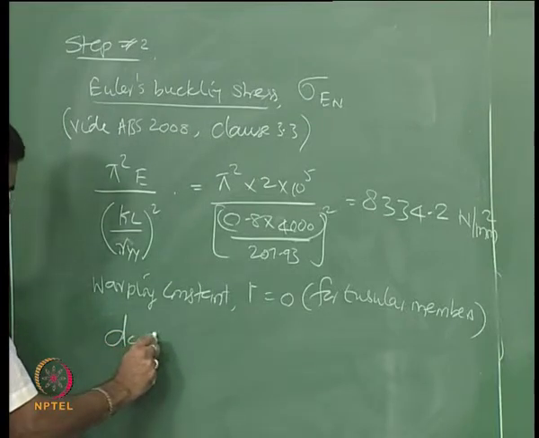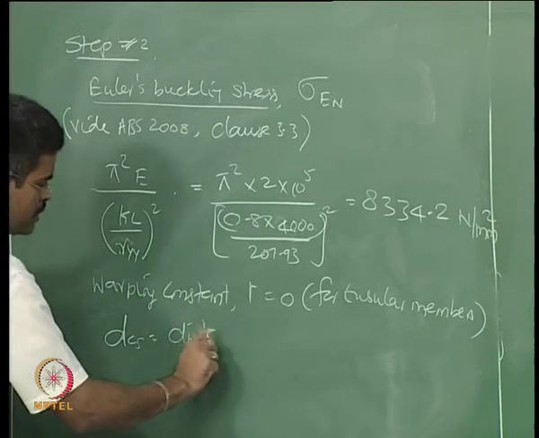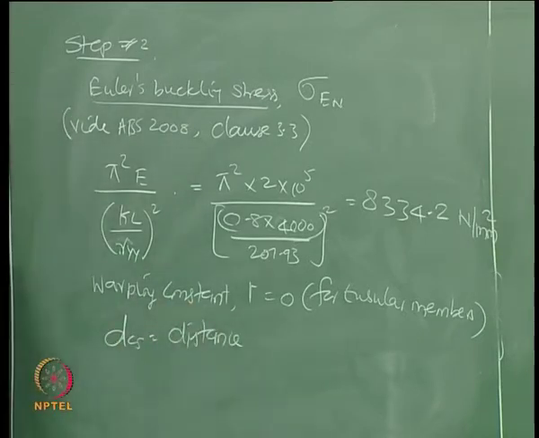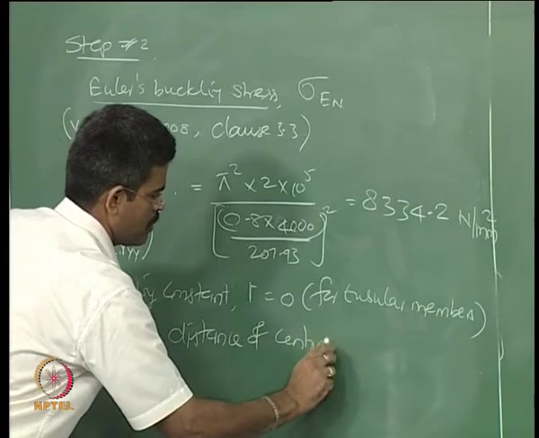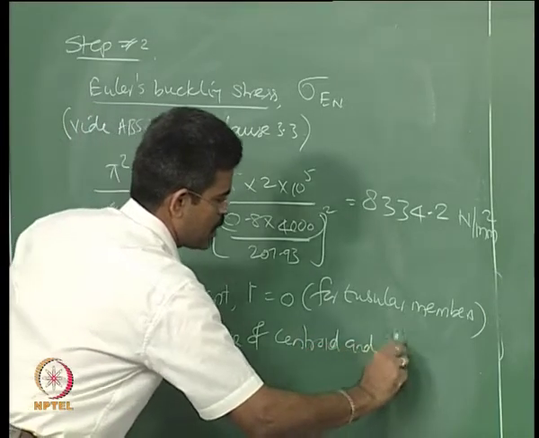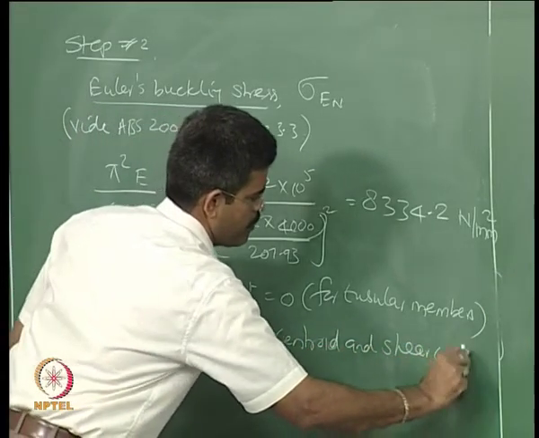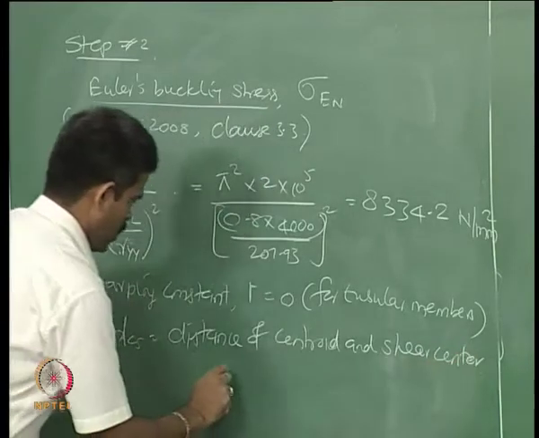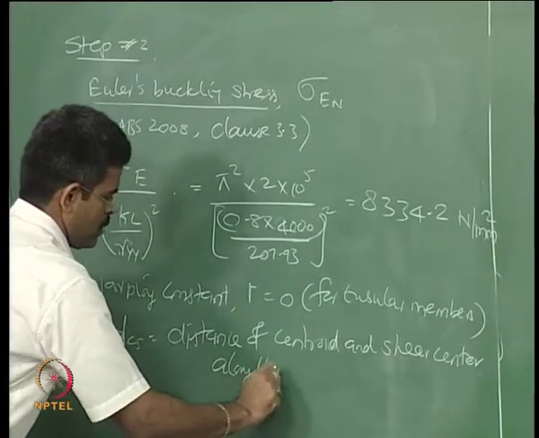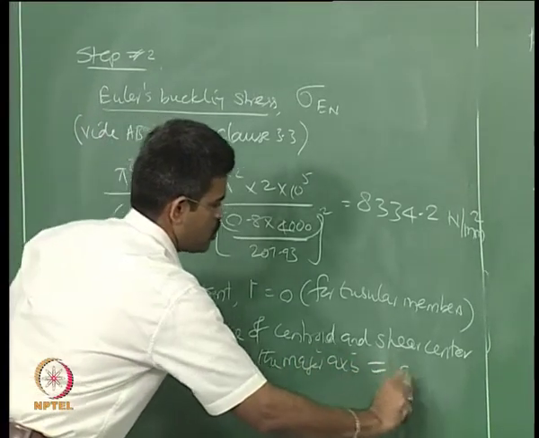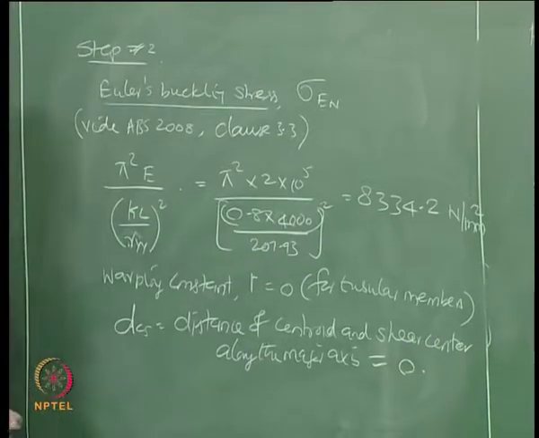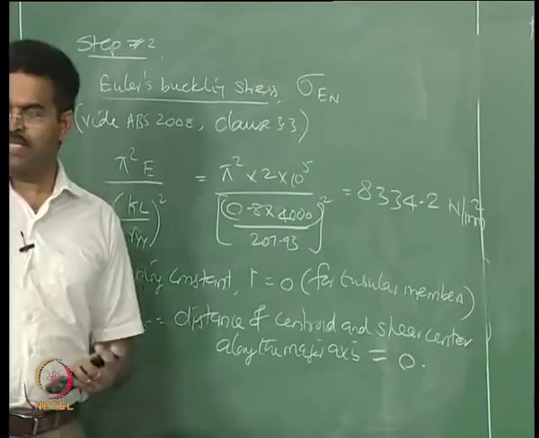Also d_cs, that is the distance of centroid and shear center along the major axis, which is also 0 for the present problem because the section is symmetric.